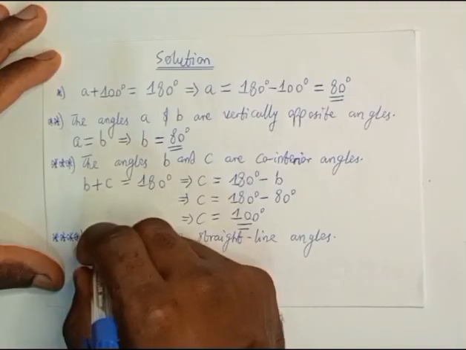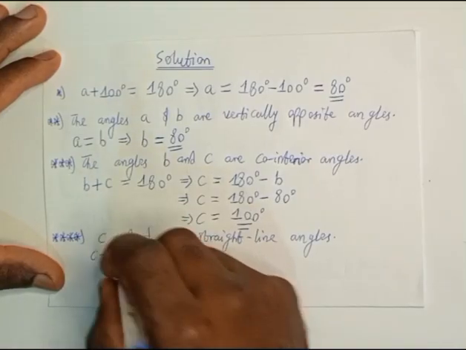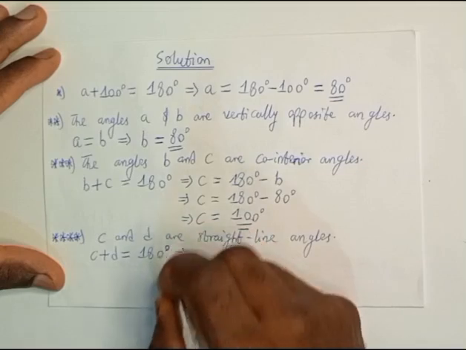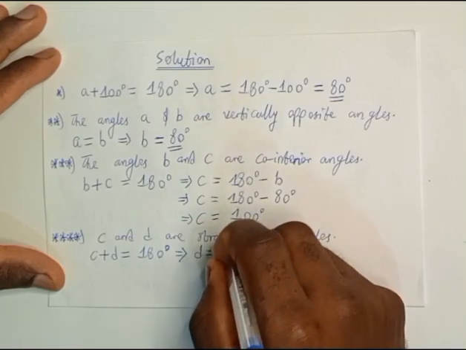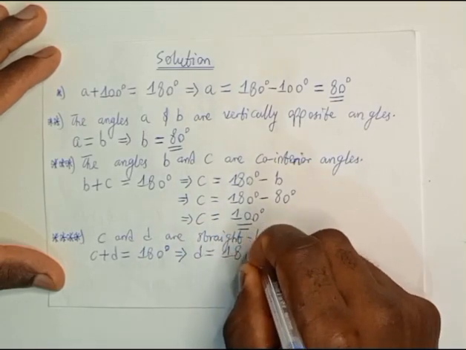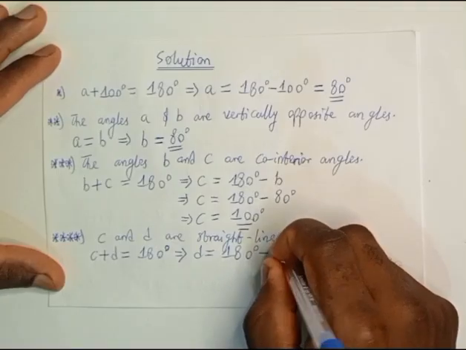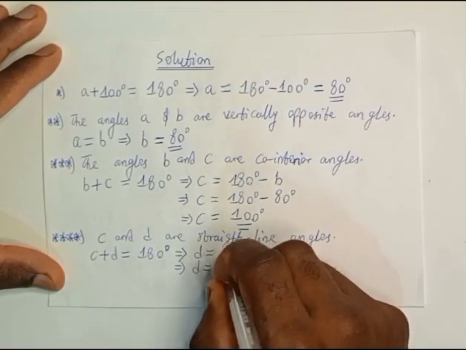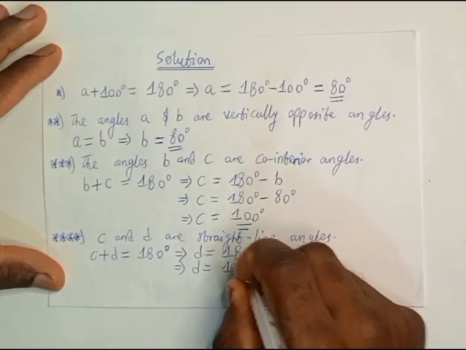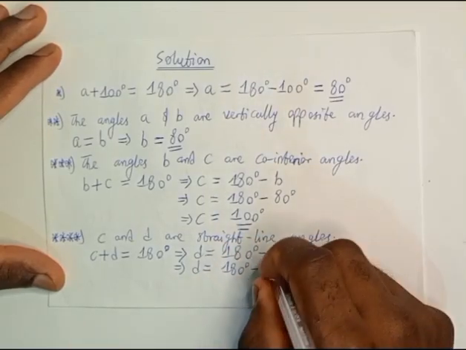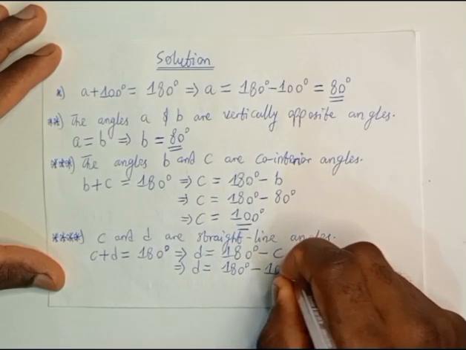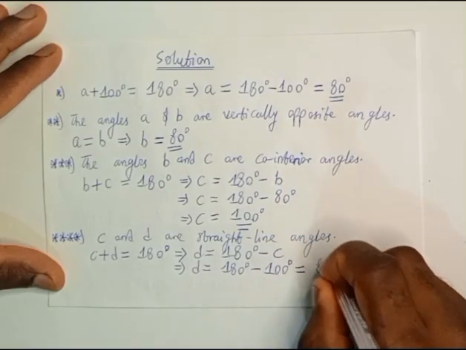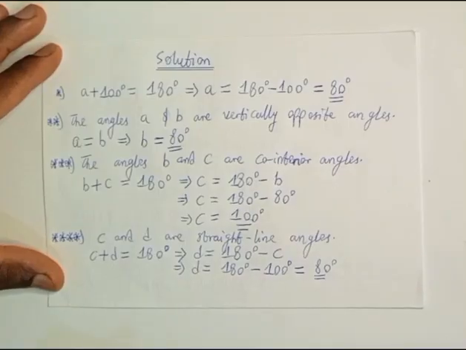It simply means if you take the angle C plus the angle D, it should be equal to 180 degrees. Then the angle D will be equal to 180 degrees minus the angle C. Then our D will be equal to 180 degrees minus 100 degrees. And the angle D will simply be equal to 80 degrees.